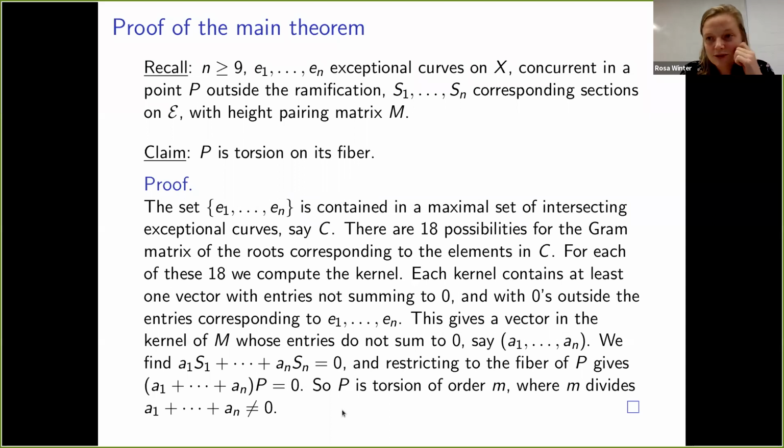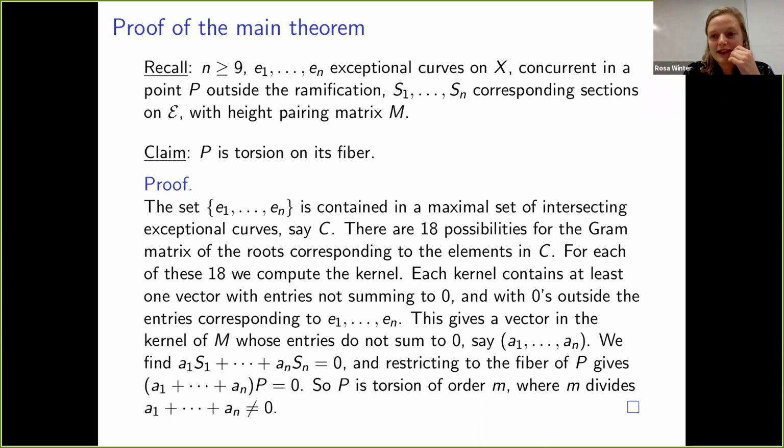So this is basically what we wanted in the beginning, to find such a relation such that it doesn't sum to 0, and then we really have a torsion point. And really, we just did this case by case in some sense, right? We just checked all sets of these exceptional curves and checked their height pairing matrix, which is equal to the Gram matrix of the corresponding roots, etc.